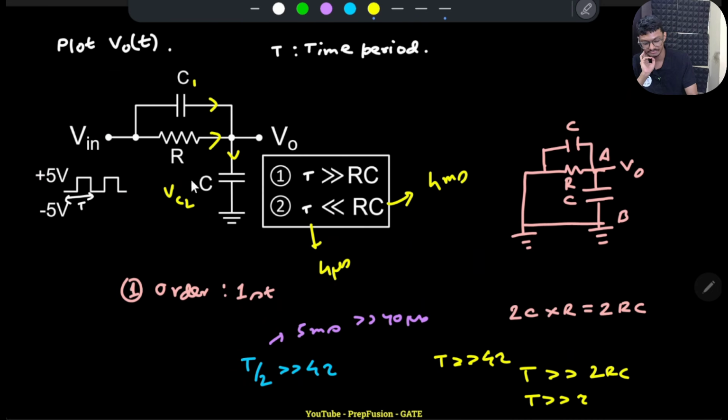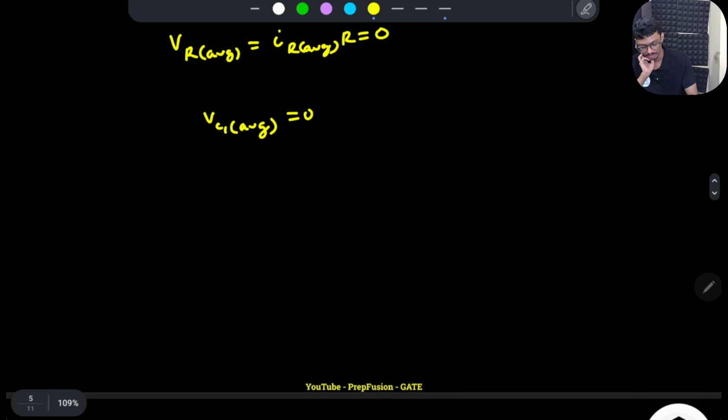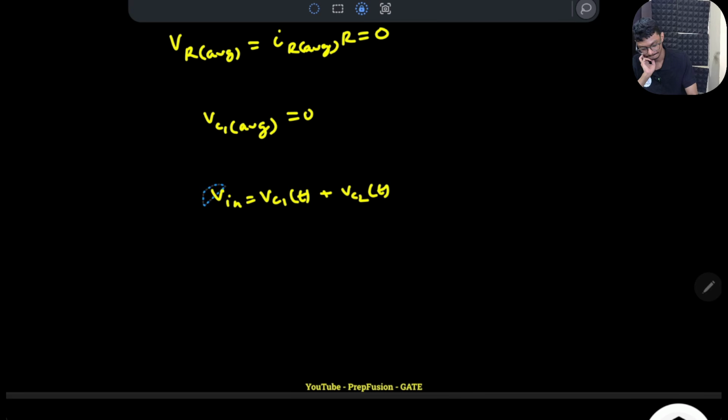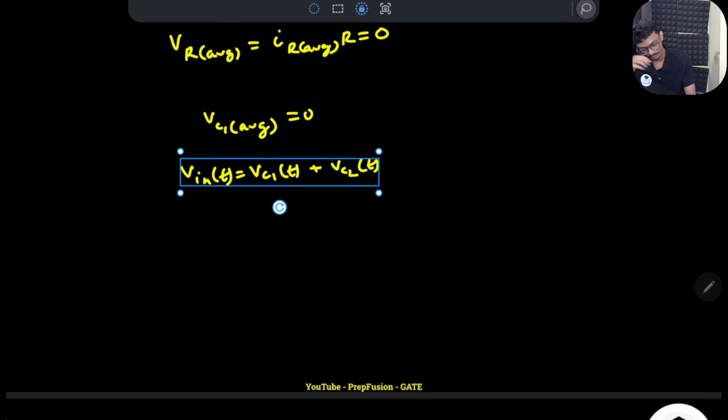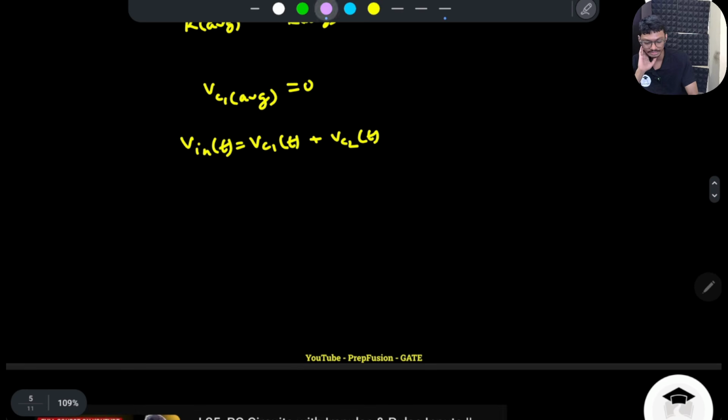If I write a very simple KVL, you will see that Vin of t equals VC1 of t plus VC2 of t. This is my V input of t. If you take the average throughout this equation, we can take average.